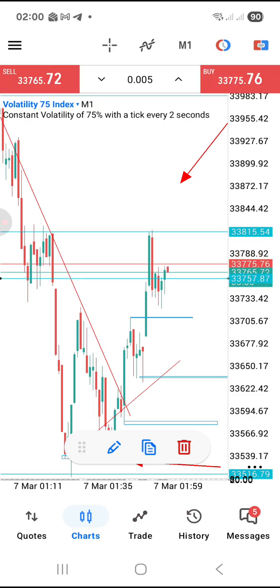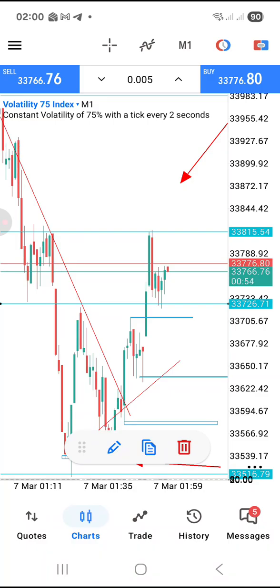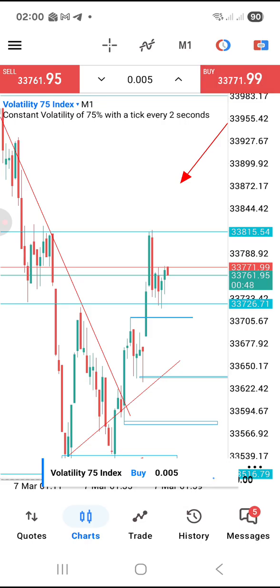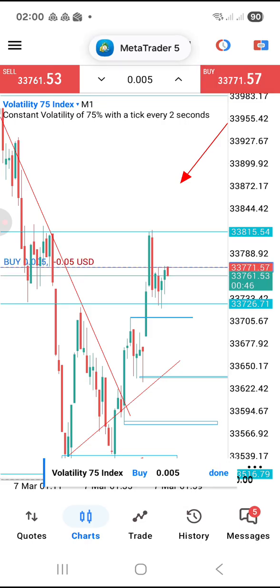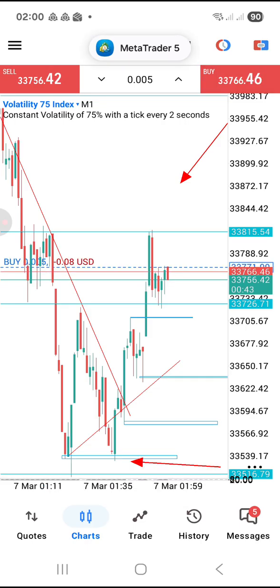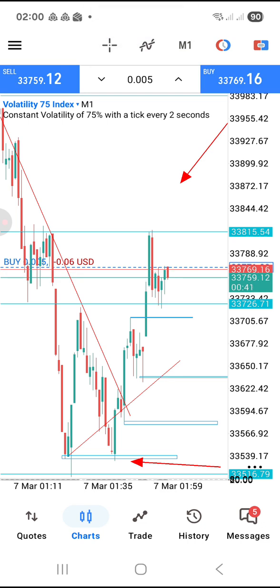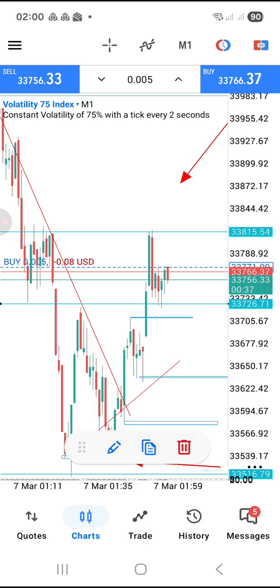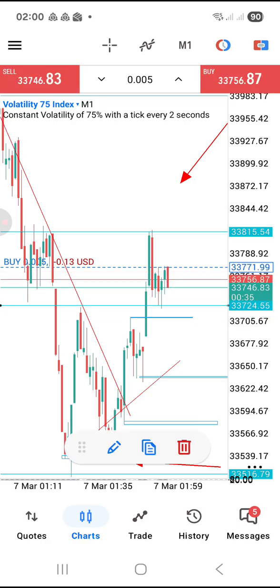So I think it's time for us to take a buy. Let's take one. Okay, taking our first position. Now we'll wait for it to retest this level.